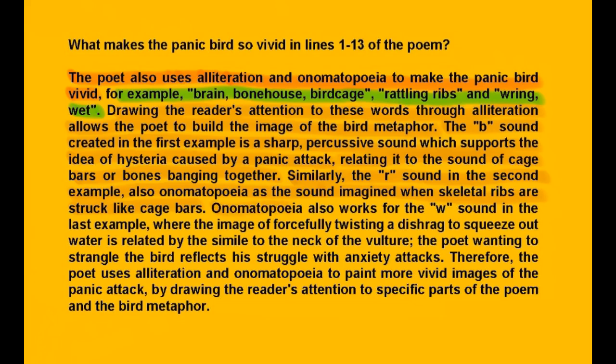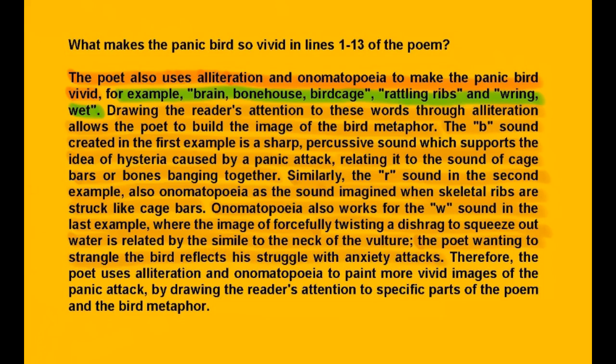And then onomatopoeia also works for the W sound in the last example of alliteration, where the image of forcefully twisting the dish rag to squeeze out water is related by the simile to the neck of the vulture, like a wet dish rag. The poet, wanting to strangle this panic bird, reflects his struggle with anxiety attacks.